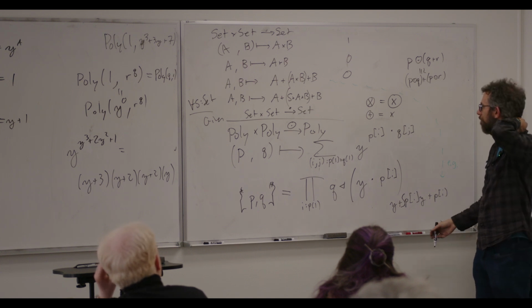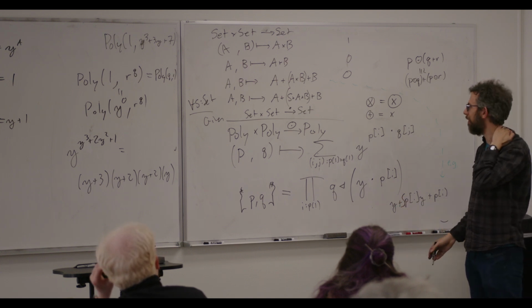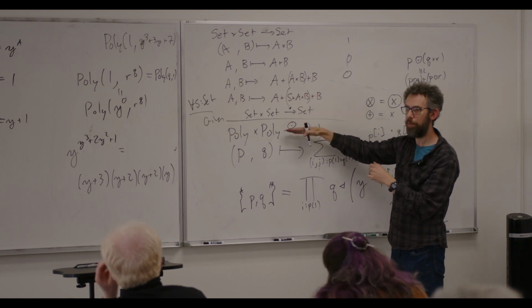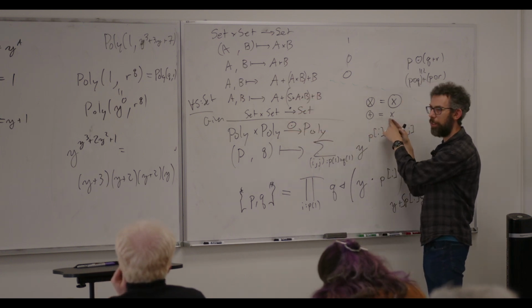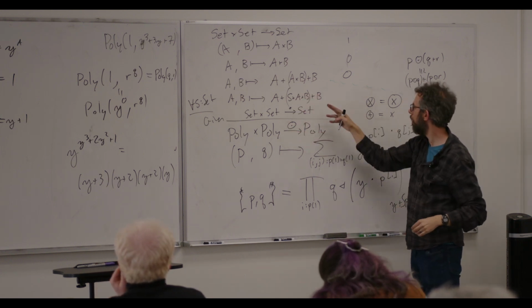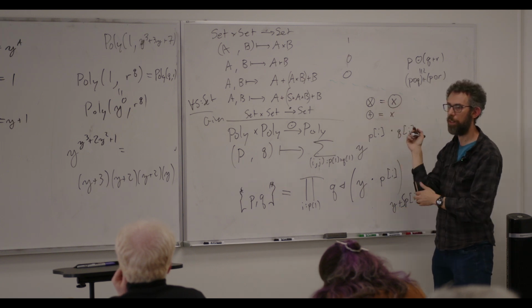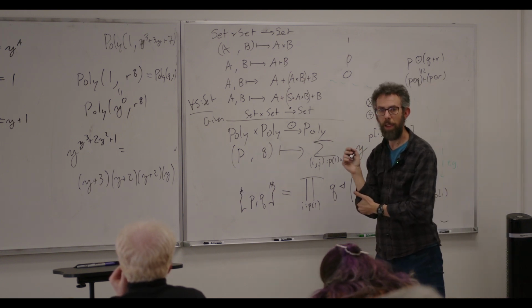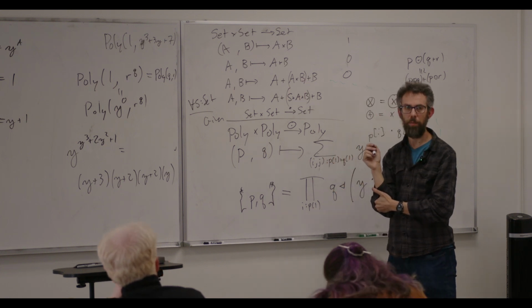So you take plus here, you do this machine, you get times. You put times here, you do this machine, you get tensor. Okay. Times goes to tensor, plus goes to times. Yeah.